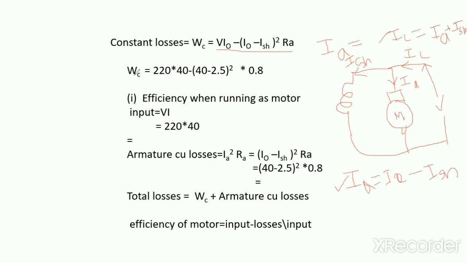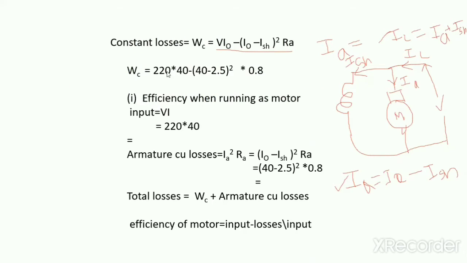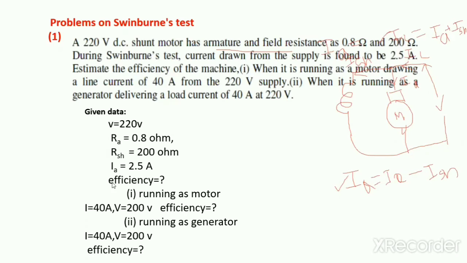Where WC is the constant losses and V is the voltage. What is the voltage? That is 220 volts, 220 into I naught.